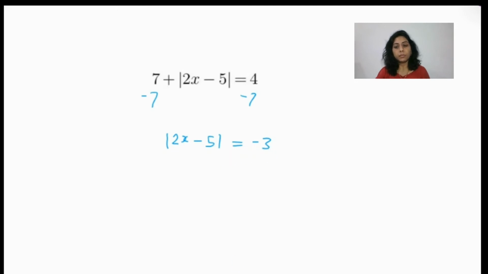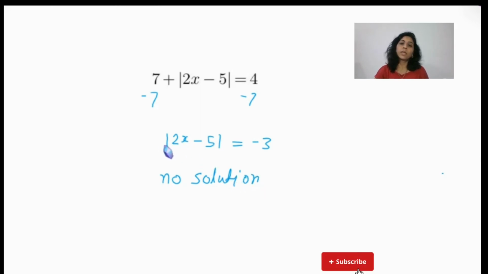It means a negative value. And do you know the absolute value is always positive, right? So it is not possible, correct? So here, no solution. We can't solve for x because the absolute value is always positive, right?